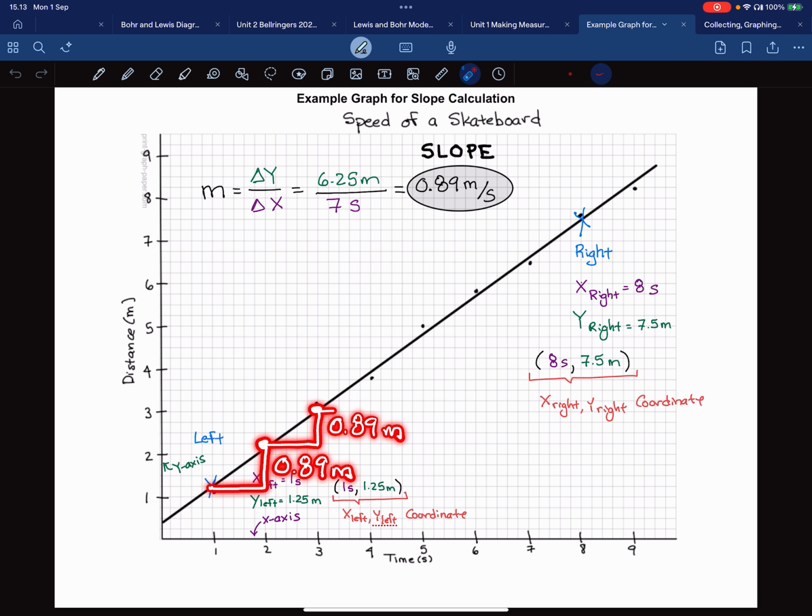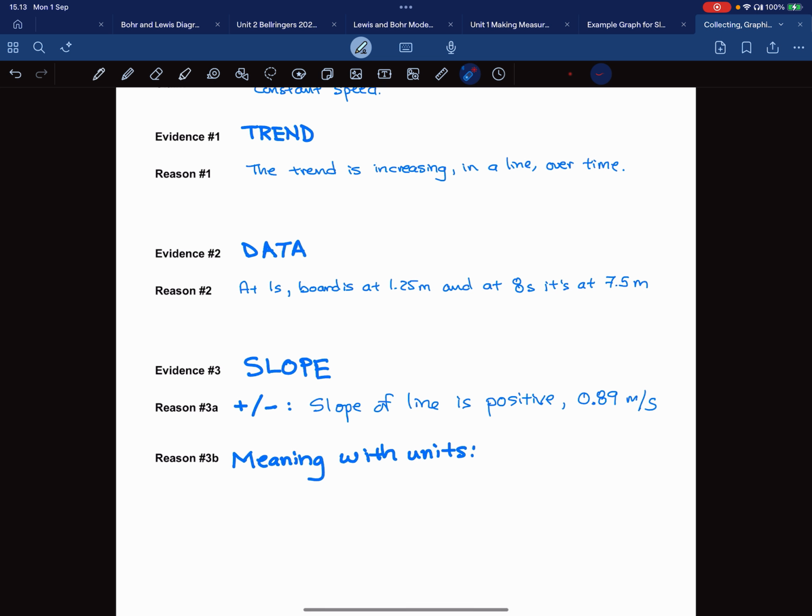And then when another second goes by, the skateboard goes another 0.89 meters, right? That's what the units mean. So, the board moves 0.89 meters every second. And that is the meaning of the slope.